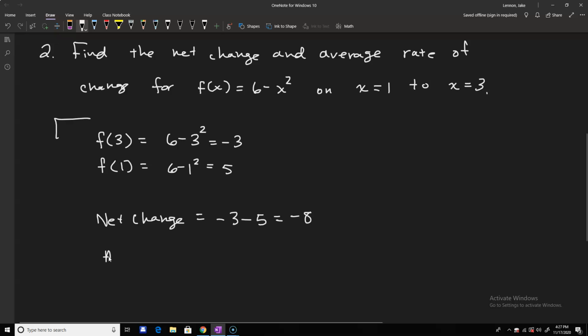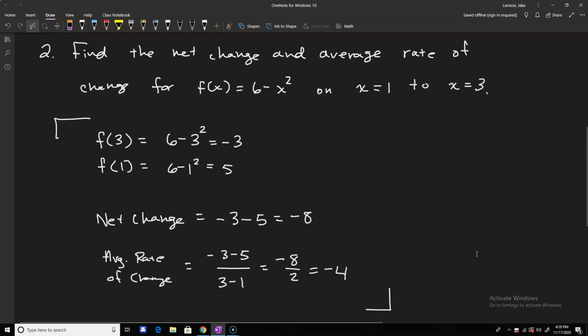And then our average rate of change is the ratio of the change in y over the change in x. So it's going to be -3 minus 5 divided by 3 minus 1. So that will give us an average rate of change of -8/2, which comes out to -4. So those are both the net change and average rate of change for that function.